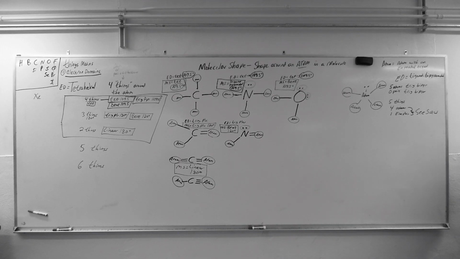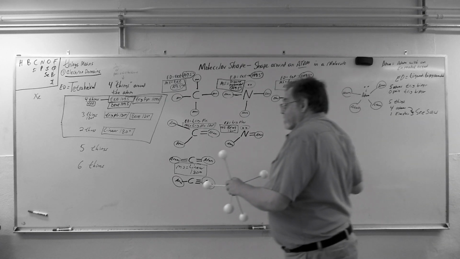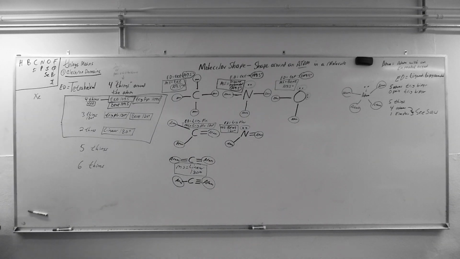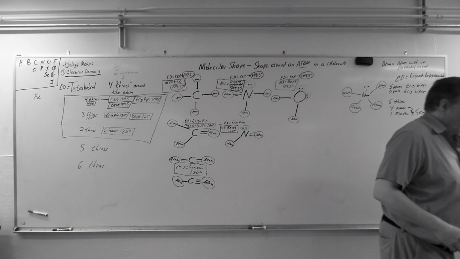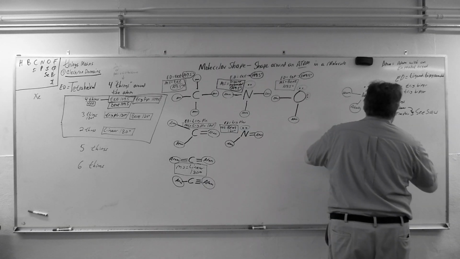They don't do T-shape. I'm not going to do it. Square planar. I don't think your book does it, so let me just skip that. So there's those four things around it. I'll say it, even though your book doesn't say it, just to be complete, because it's better.